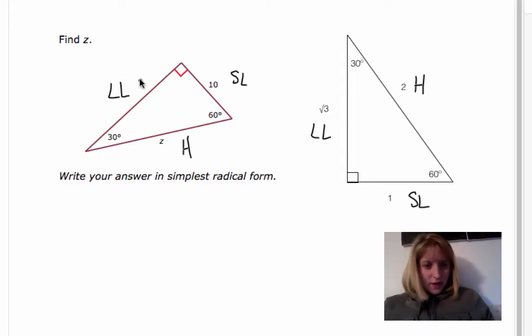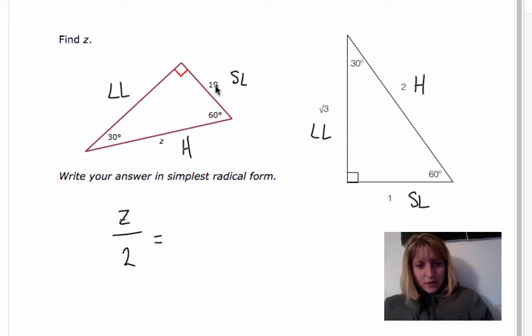Similar to our other 45, 45, 90 degree triangle, you just have to make sure you line up the correct ratios. So long leg to long leg, short leg to short leg, hypotenuse to hypotenuse. Since we're solving for this hypotenuse, we're going to go z over hypotenuse over 2 equals whatever our other given information is.